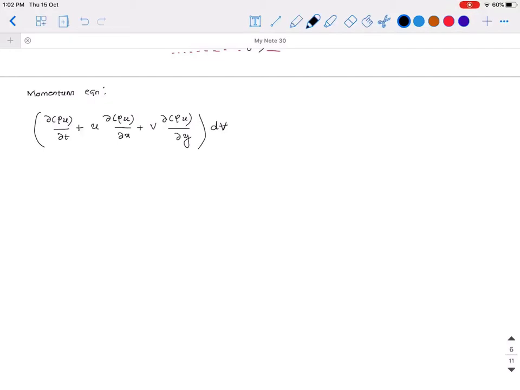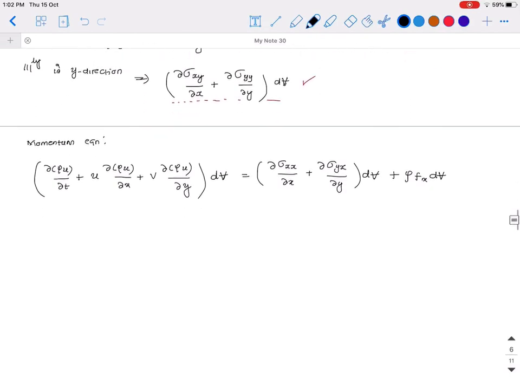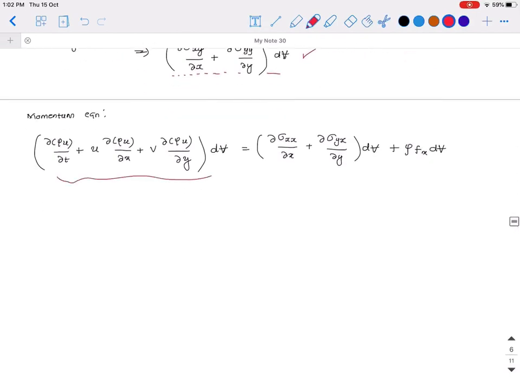Okay, the volume of the element is equal to the surface force dou sigma xx by dou x times dv plus rho fx dv. Okay, I hope this is clear now. This is rate of change of momentum, this is surface forces, and this is the body force. Okay, we have written the equation in x direction.